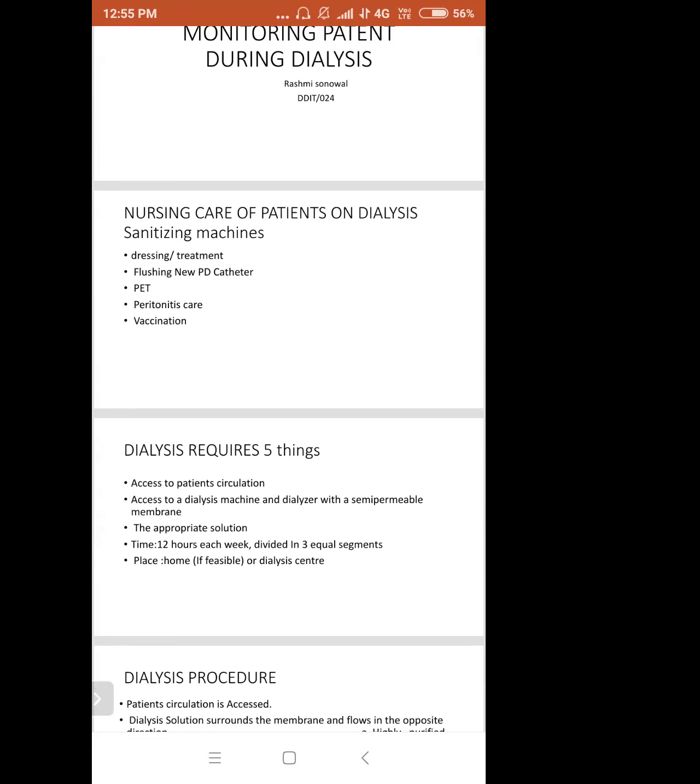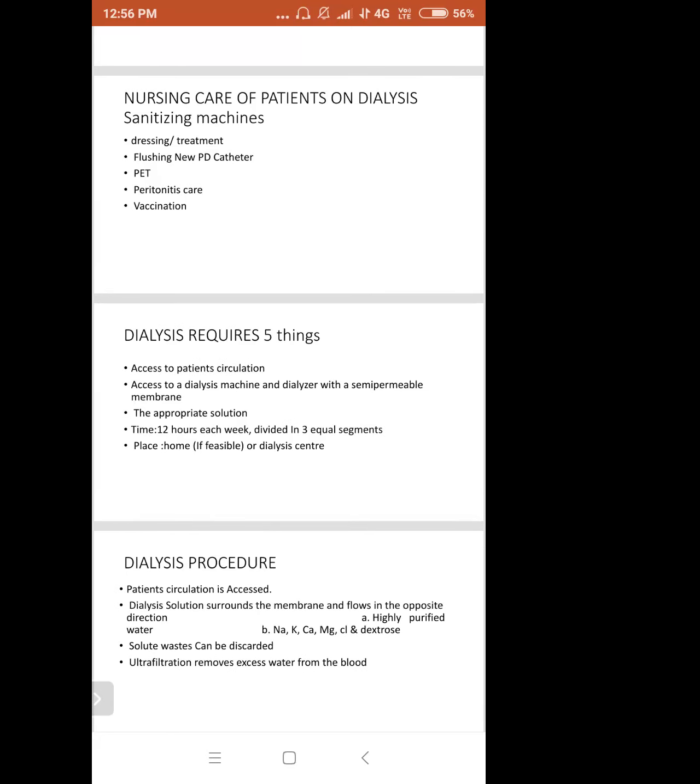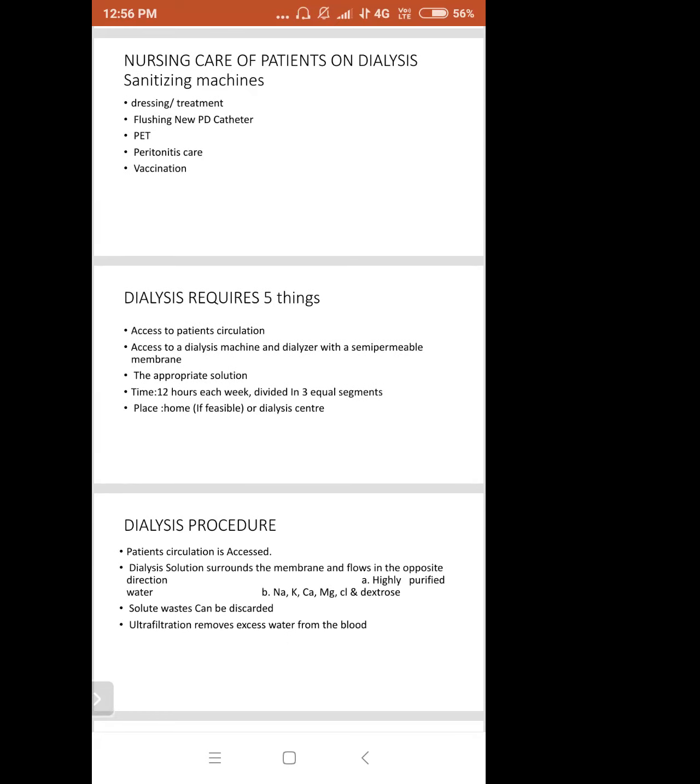Next is vaccination. Dialysis requires five things: access to patient circulation, access to a dialysis machine and dialyzer with a semi-permeable membrane. A semi-permeable membrane is a membrane that only allows movement of solvent molecules but restricts movement of salt particles across the membrane. Next is the appropriate solution.